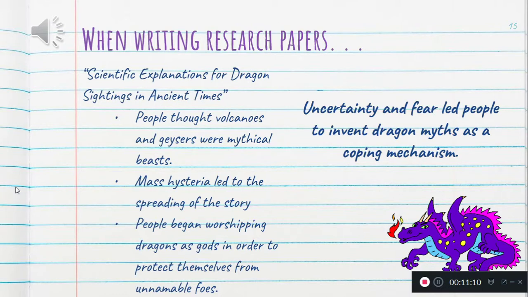From these three points, we can conclude that uncertainty and fear led people to invent dragon myths as a coping mechanism, because each of these three points comes back to uncertainty, fear, or explaining, and that they had to say something in order to understand or contextualize these things that were going on.